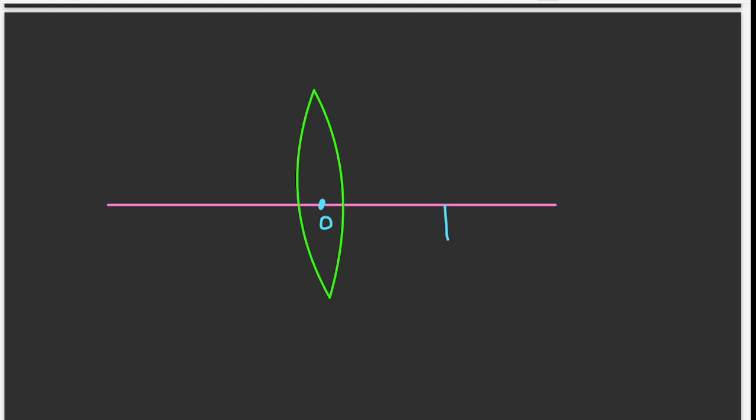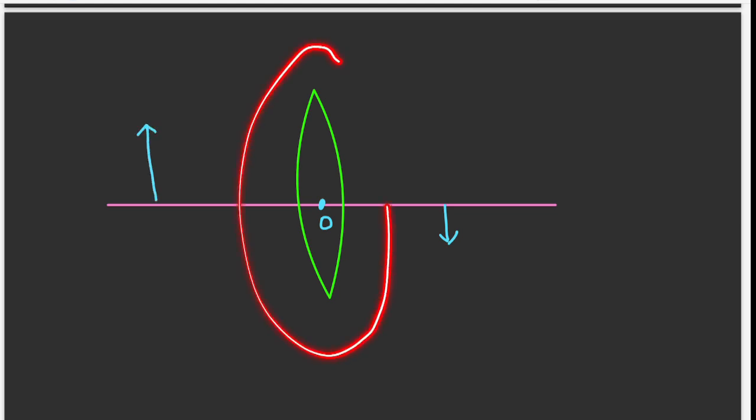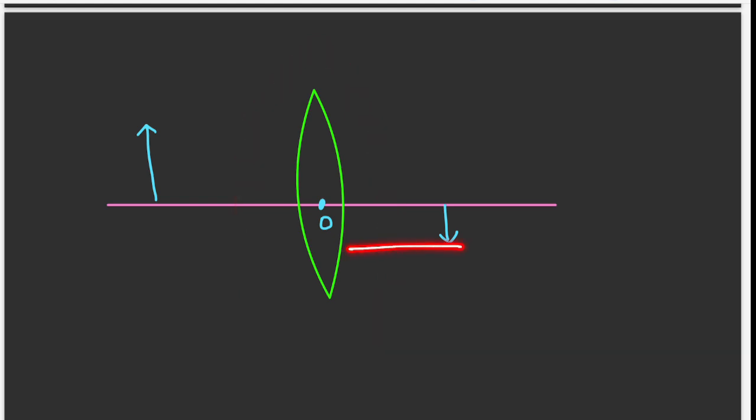The image can be formed on this side of the lens or on the other side of the lens. Always the image distance should be measured from the optical center. So from here you will measure the distance up to here, or if the image is formed on the other side, you will always measure the distance from here to here.